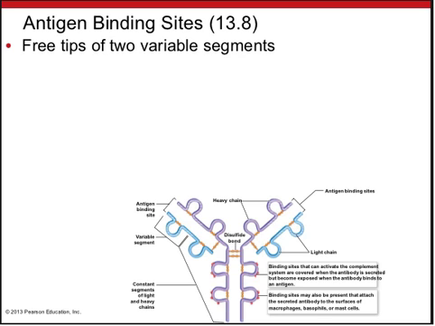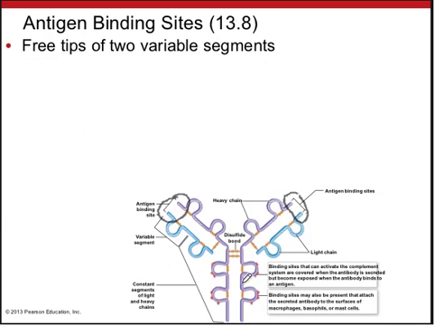The antigen binding sites are the free tips of the two variable segments, and you can see those here. Let's circle those in black. Okay, so on this particular model of an antibody, this would be an antigen binding region, and this would be an antigen binding region. Okay, so this is really the business end of the molecule.